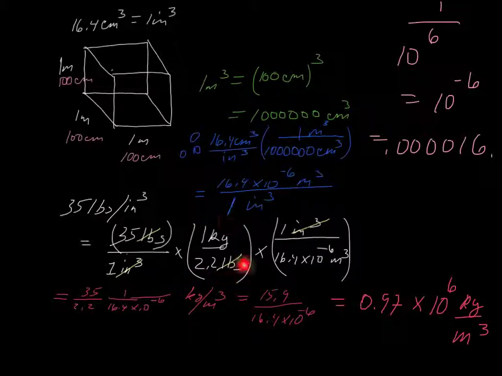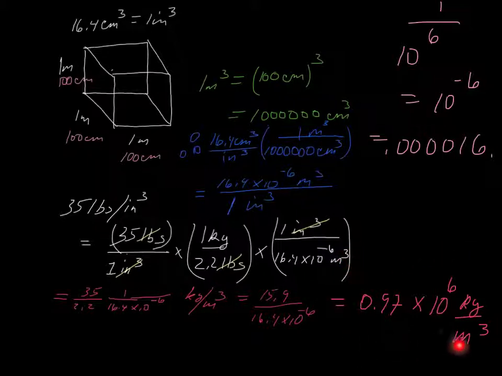We get kilograms per pound, which is 1 kilogram per 2.2 pounds. And when we do the math, you can see here's your 2.2, here's your 1.6 times 10 to the minus 6, here's your 35. And then the units cancel, these pounds cancel this, these inch cubes cancel that, and you end up with kilograms per meter cubed, which is what you want.